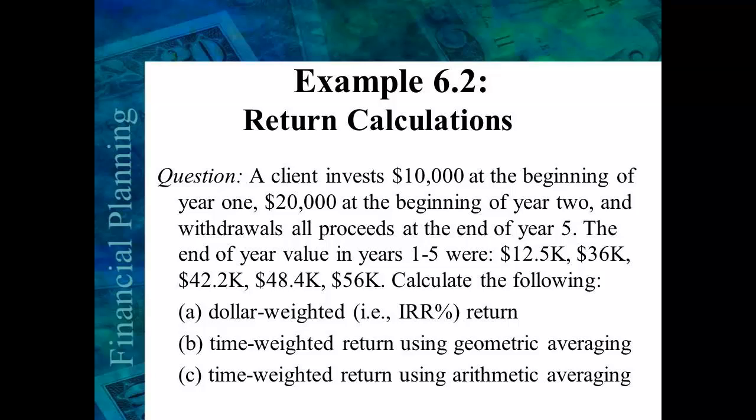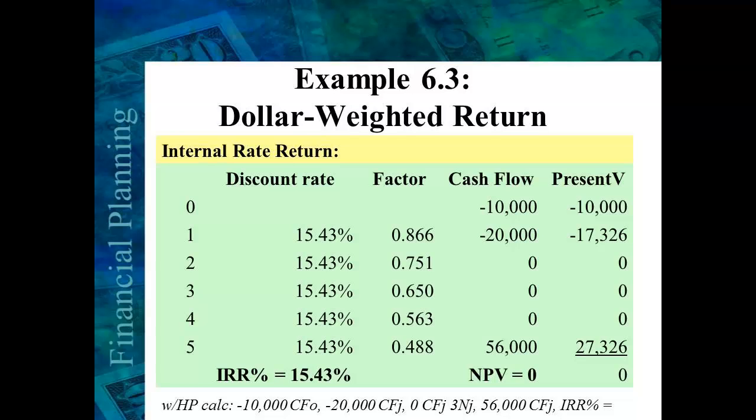A, the dollar-weighted or internal rate of return. B, the time-weighted return using geometric averaging. And C, the time-weighted return using arithmetic averaging. The spreadsheet on this chart shows the timing of the cash flows.